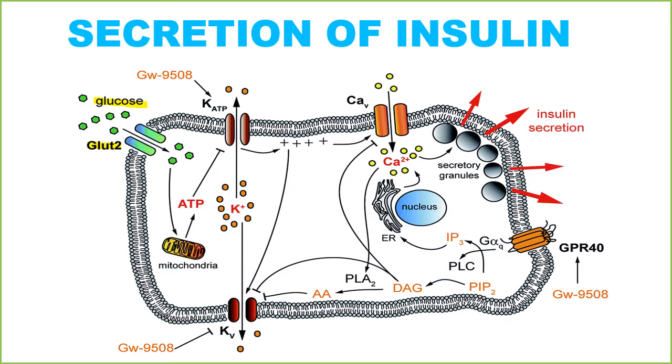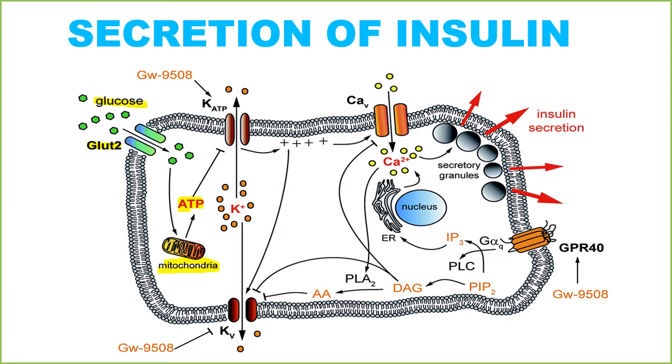Now glucokinase causes the glucose phosphorylation leading to the production of glucose 6 phosphate. Along with the production of glucose 6 phosphate, there is also generation of the ATP. Now this phosphorylation of the glucose occurs in the mitochondria.